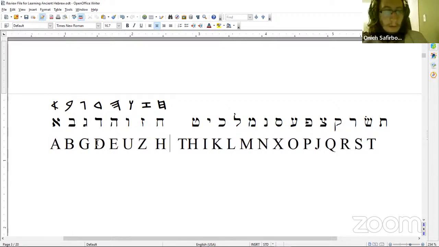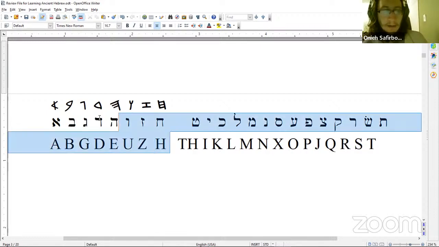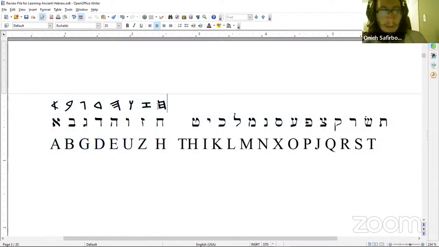Okay, so we did the first 8 letters. And remember, these are pretty much near approximate, like they're near equivalents of the English letters.